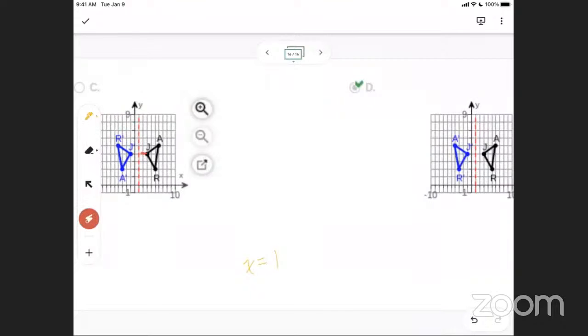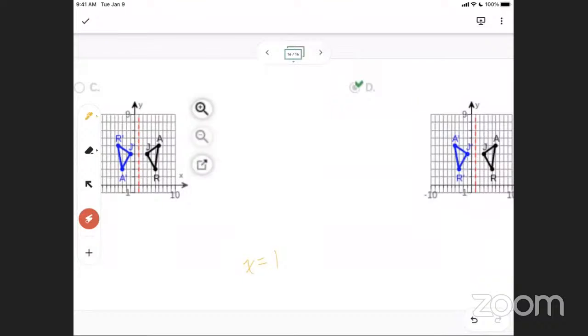Like if I count these, that's 2 away. If I count these, that looks like it's maybe 1, 2, 3, 4, 5 away, and it's 1, 2, 3, 4, 5 away. That's correct. But this one is 1, 2, 3, 4 away, and it's 1, 2, 3. I don't know. That one looks right to me.